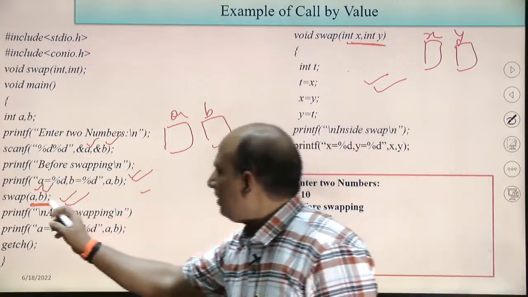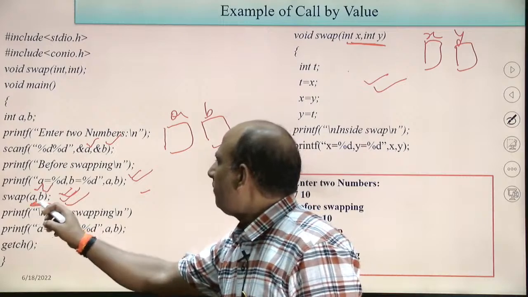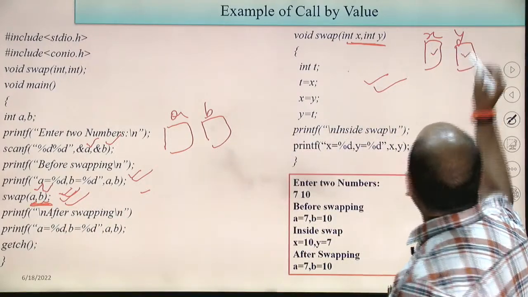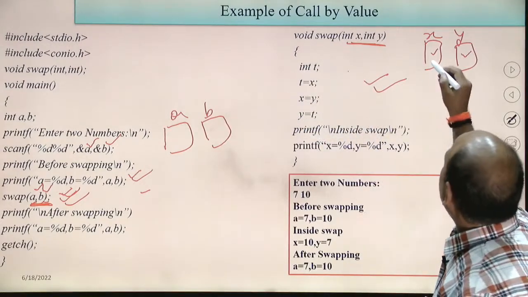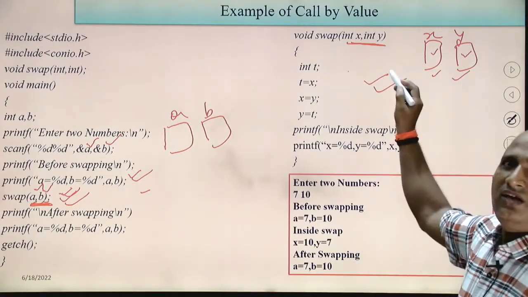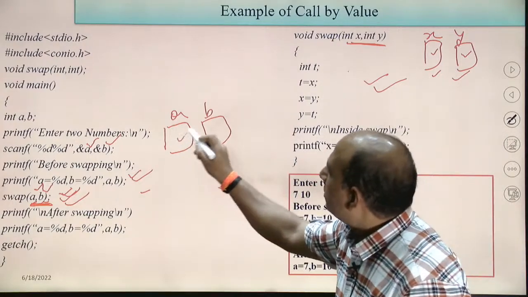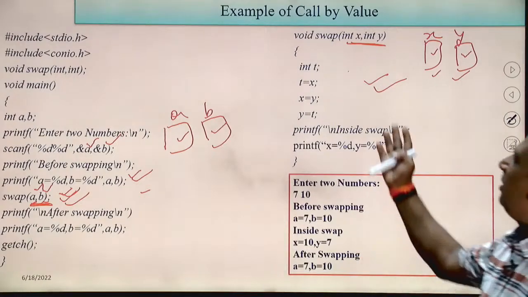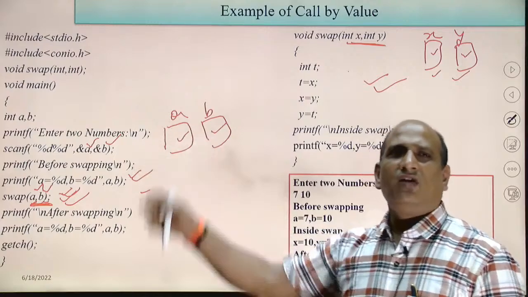Whenever we call this function swap by passing the values of a and b, the values of a and b are copied to these memories, and it swaps the values of x and y, the values of those memories, and that will not affect the values stored in a and b. That's why the outer function, this swap function, does not change the values of a and b.